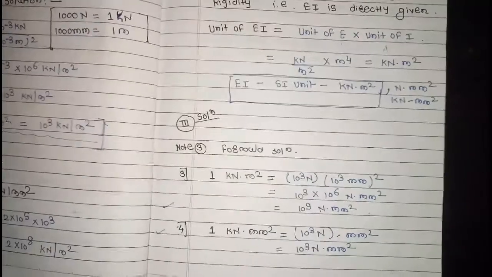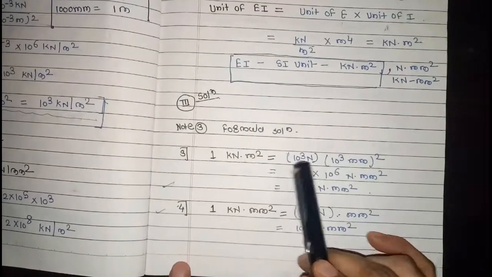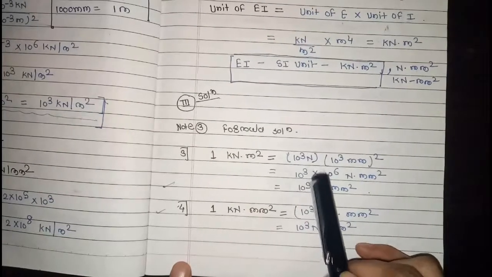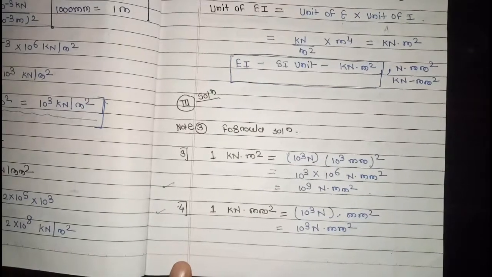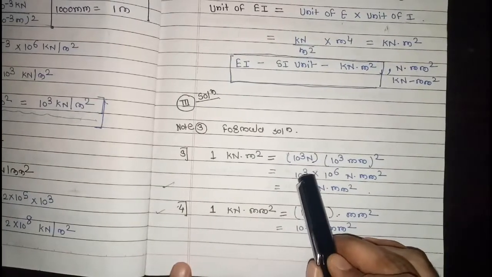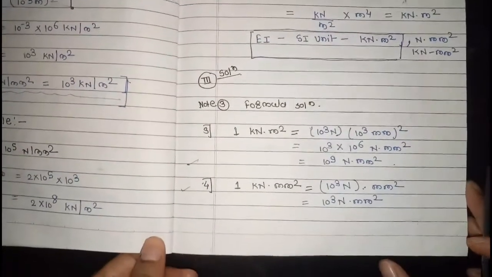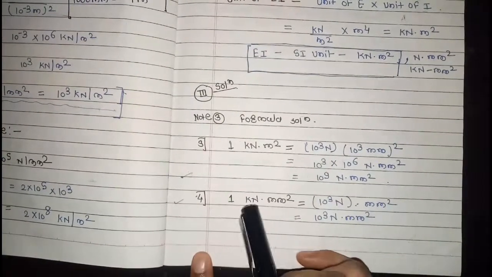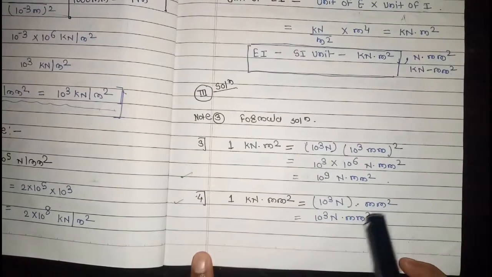So 1 kilonewton meter square is equal to 10 cube Newton into 10 cube mm squared, which is 10 to the power 3 into 2, 6, Newton mm square. Then we get 10 to the power 3 plus 6, 10 to the power 9 Newton mm square. And the last conversion, 1 kilonewton mm square is equal to 10 cube Newton mm square, as 1 kilonewton is 10 cube Newton.